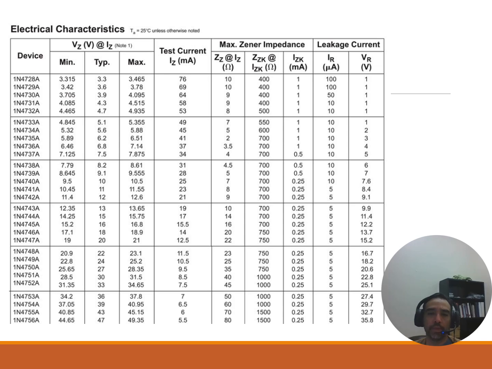The maximum impedance tells how well the Zener diode can do its job, right? So lower impedance just means better regulation, higher impedance means not so good regulation. And then leakage current just talks about how much current is leaked in that non-ideal state when the diode is not supposed to be working.